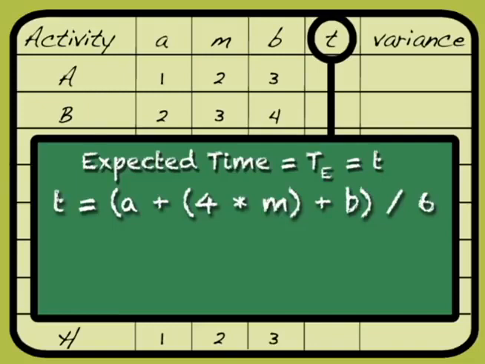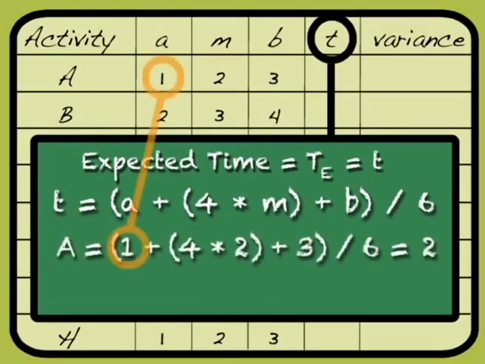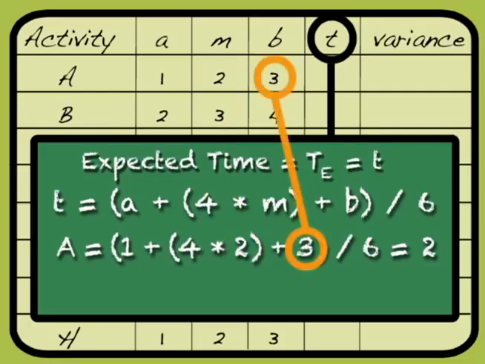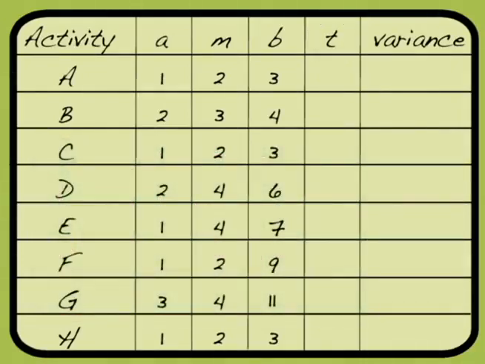So for our activity A, we can substitute in our time estimates. We have an optimistic time of 1 plus 4 times the most likely time, which was 2, plus the pessimistic time of 3. That adds up to 12, and we divide that by 6, and we come up with 2. So now for our chart, we can come back here and we can simply fill in 2.